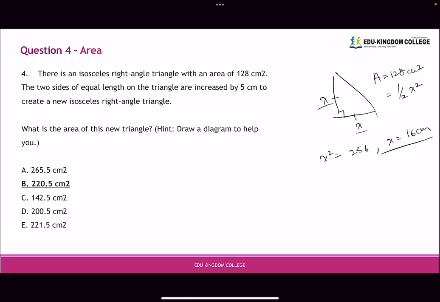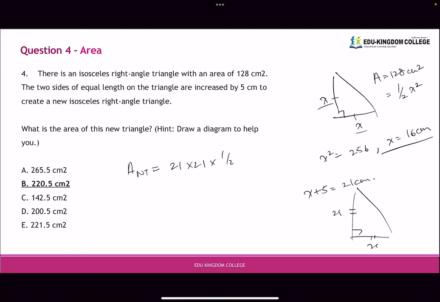Now, if we add 5 centimeters to each side, then x plus 5 equals 21 centimeters. So 21 centimeters is the side of our new isosceles triangle. The area of the new triangle, NT, equals 21 times 21 times half, base times height. Our new triangle is going to look like this. Sorry, that's a bad triangle, but bear with me.